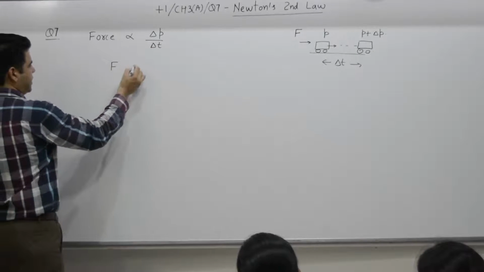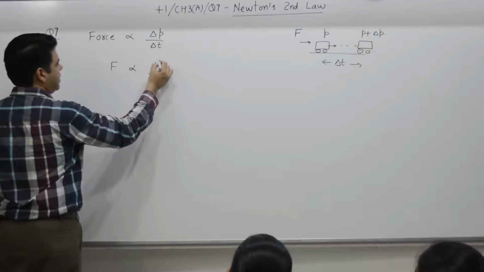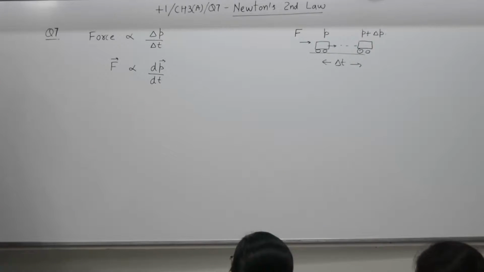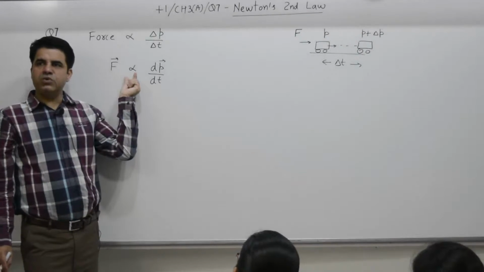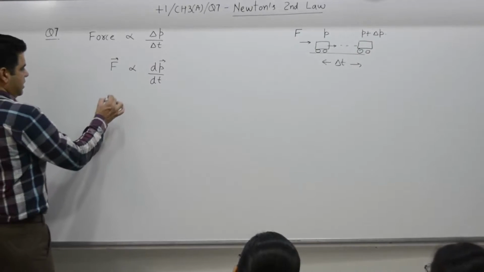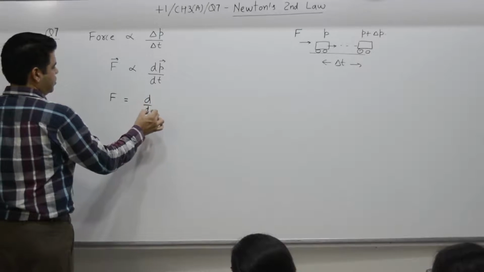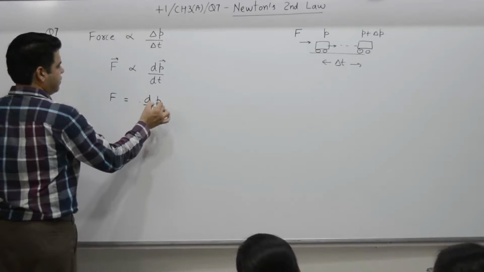To be more specific mathematically, it is the rate of change of momentum with time. Both force and momentum are vector quantities. Whenever a scientist comes out with a formula, we need the value of the constant of proportionality. In this case, the constant of proportionality is 1, so we need not write 1: force is the rate of change of momentum.